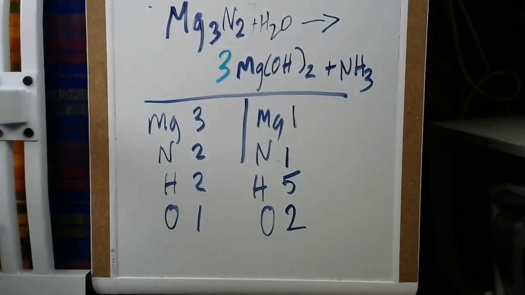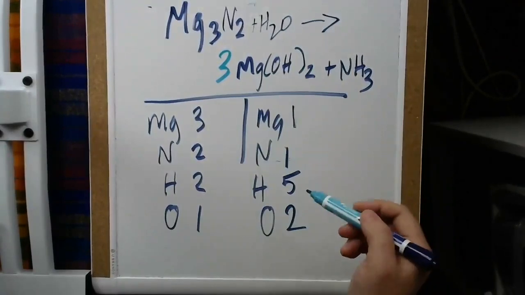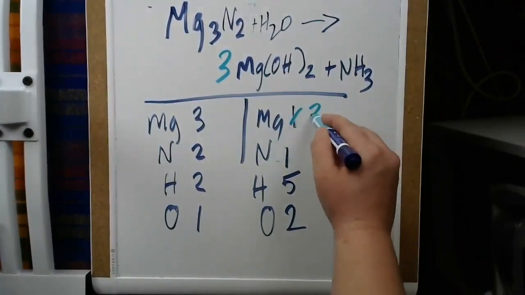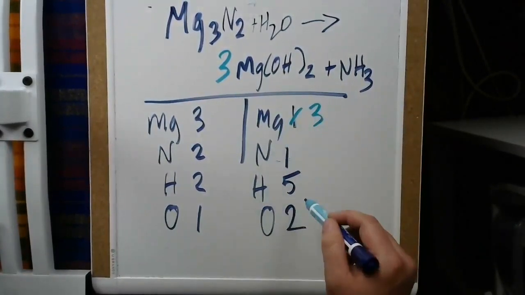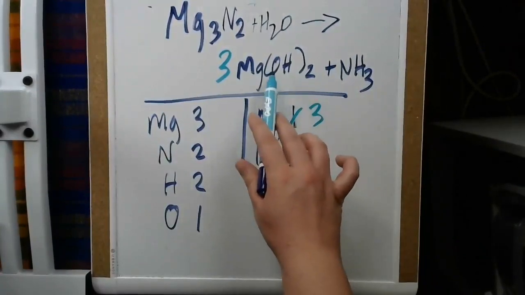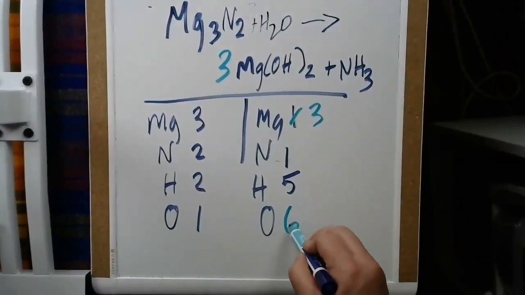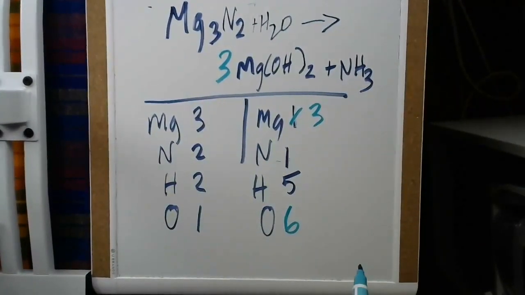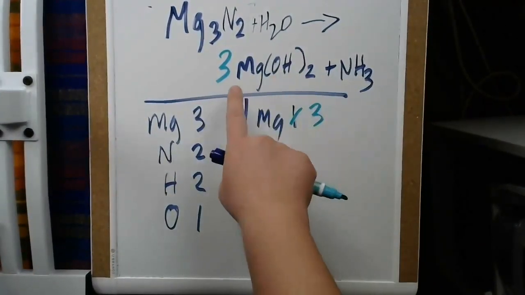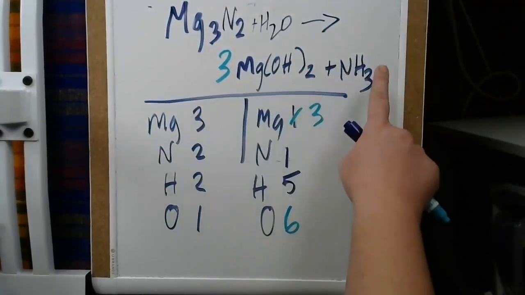So now I've changed my coefficient in front of my magnesium hydroxide. So now I've got 3 magnesiums and I have 2 times 3, 6 oxygens. And I have 2 times 3 is 6 hydrogens, 6, 7, 8, 9.